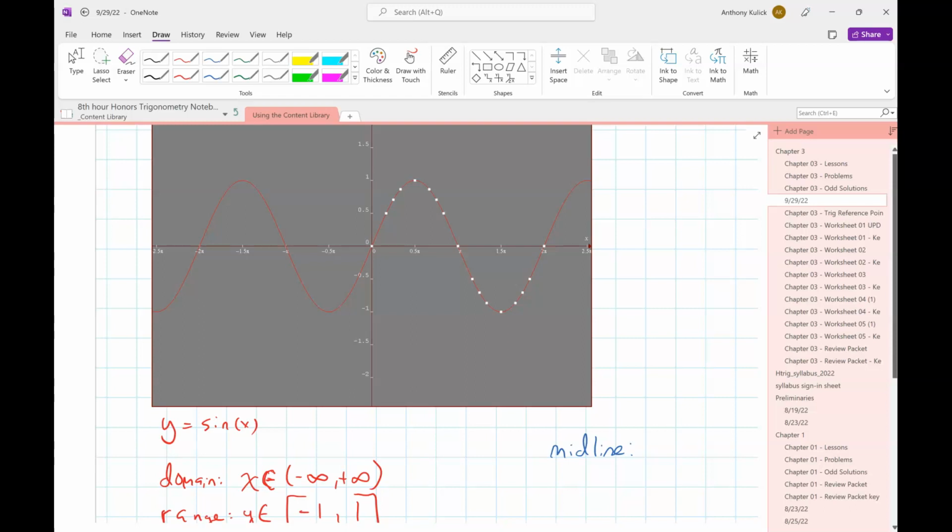If I look at this graph of sine, where does the midline appear to be? Y equals 0, right? The x-axis. Because I have the same amount of graph above as I do below. Everybody agree with that?